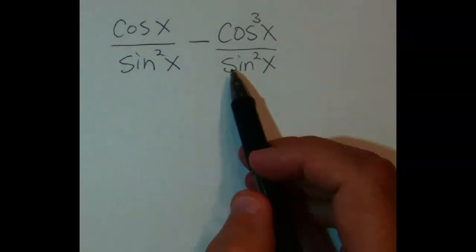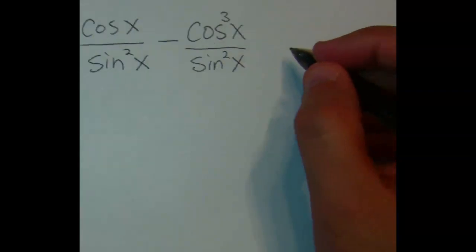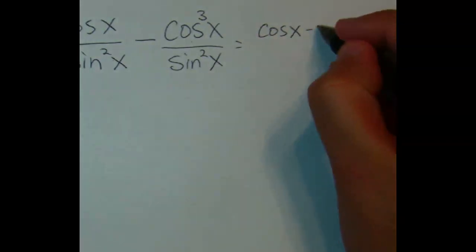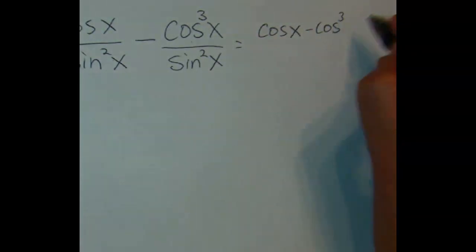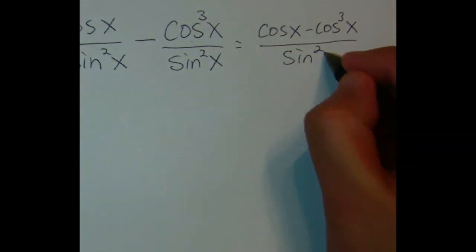So what we're going to do is combine these two. Since it has the same common denominator, all we have to do is put these two together on top. So I have cosine x minus cosine cubed x all over sine squared x.